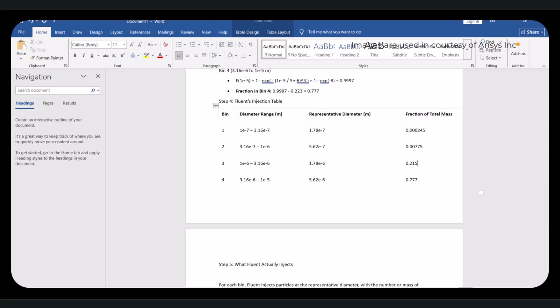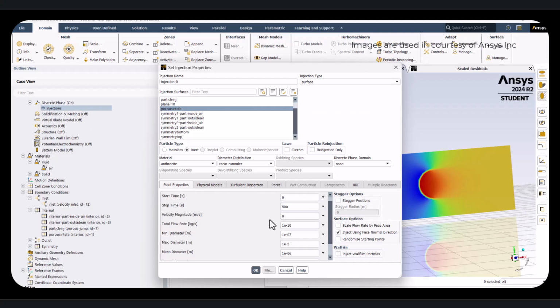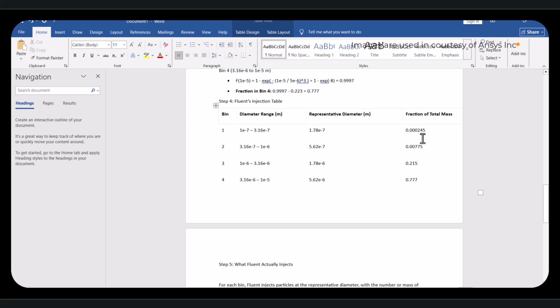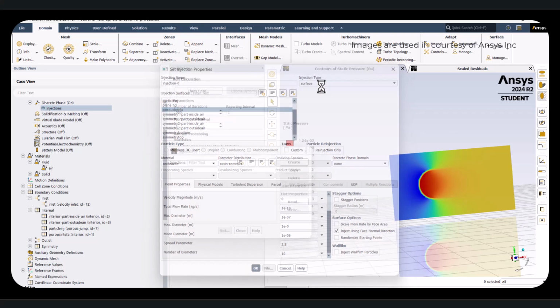We have mentioned it here, right? 1e-10 as our flow rate. So each bin has a definite mass fraction multiplied by this one, right? We will be taking the spread parameter as 3.5 and the number of diameters as 10. Click OK.